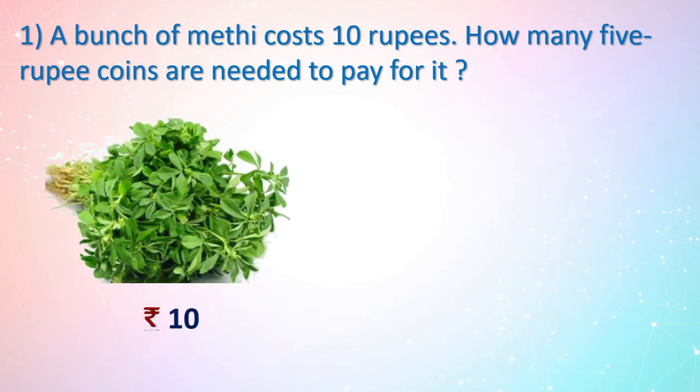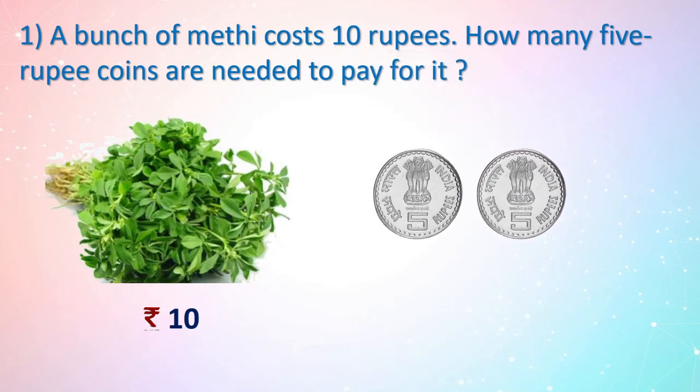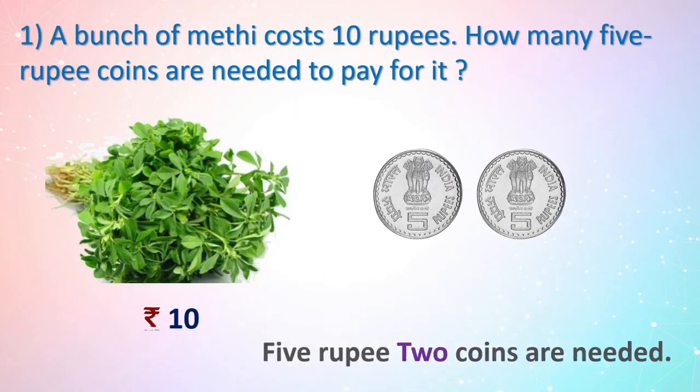Now how many 5 rupee coins are needed to pay for it? Very good. One coin, 2 coins. Means 5 rupees, 2 coins are needed to pay for it. Right? Got it children? Same thing is written in sentence.